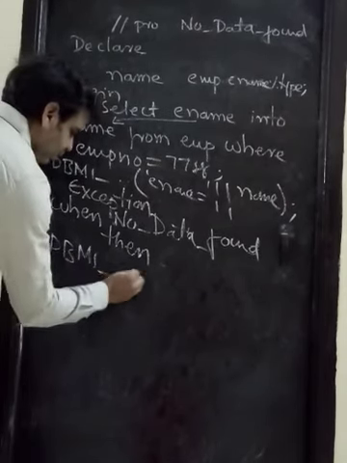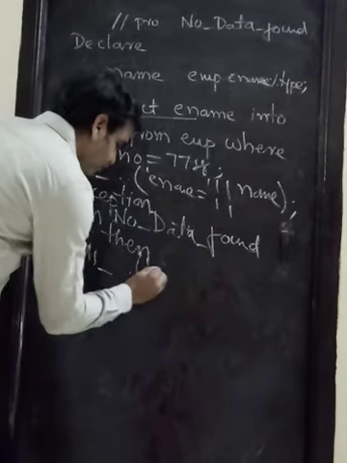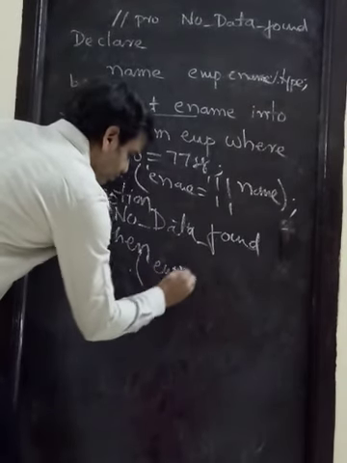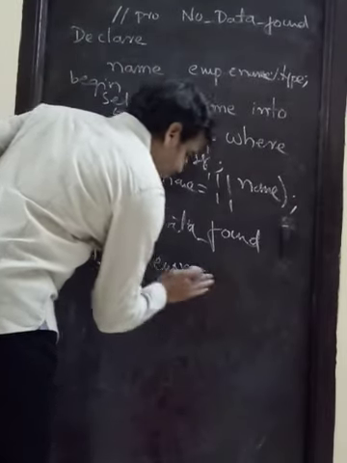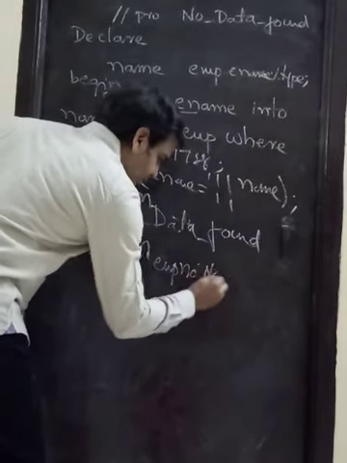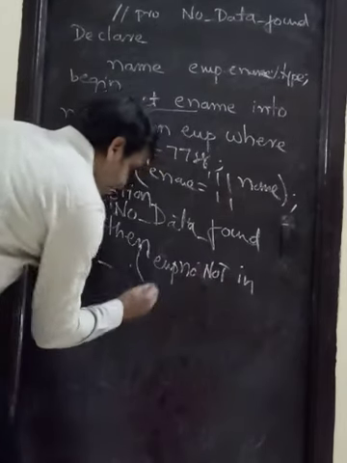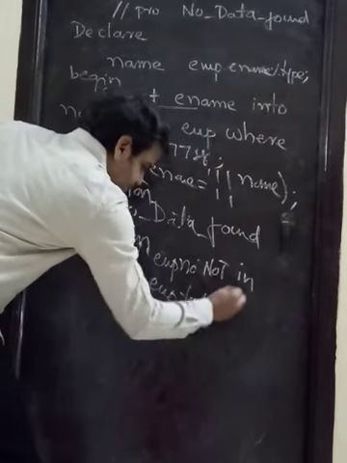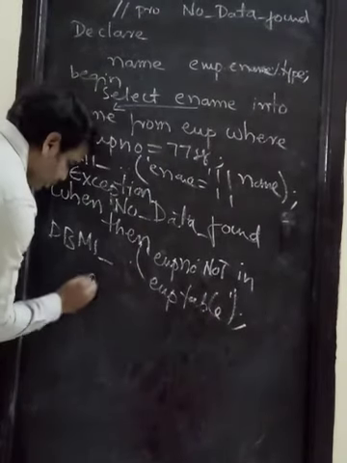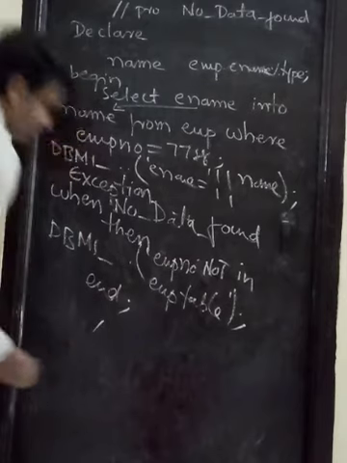So here we should write all the things. Then we are writing employee number is equal to something, employee number not in employee table. Then the program terminates with end semicolon.